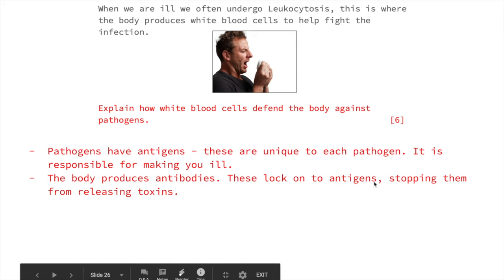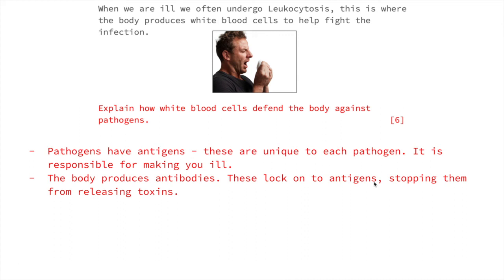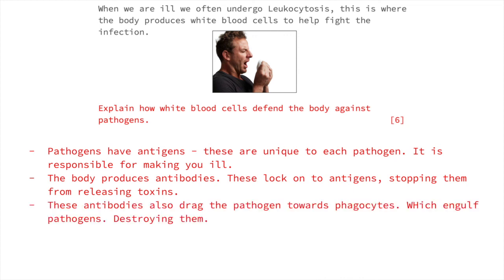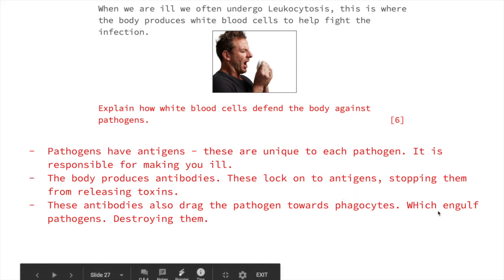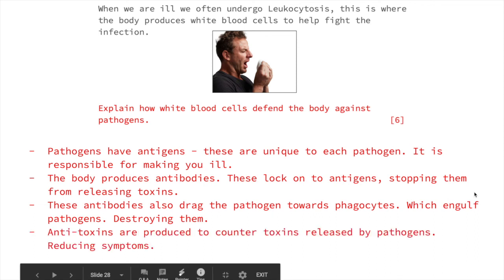They lock on and stop them releasing toxins, but that's not all they do. So they drag the pathogen towards a phagocyte, which engulfs the pathogen, destroying them. So you've said now 2 parts of how your white blood cells defend against pathogens. They produce antibodies, they produce phagocytes, and that stops the toxins and then it destroys them.